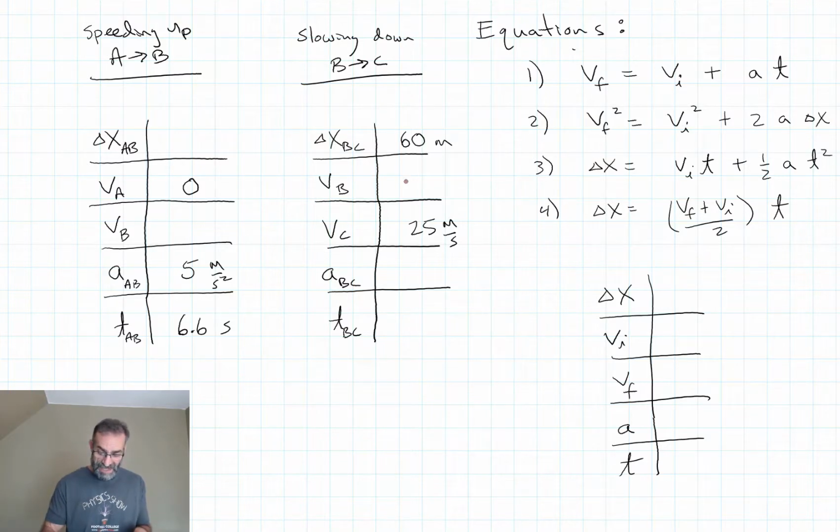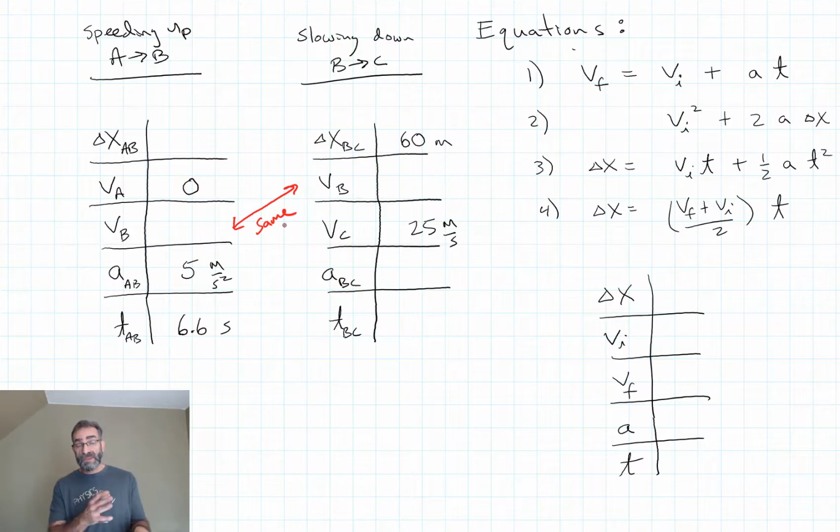The initial velocity, VB, for the slowing down portion, is the same as the final velocity, VB, for the speeding up portion. So we can solve for VB when it's speeding up, plug that in to our slowing down problem, and solve for the other unknowns. Okay, let's do our speeding up first.